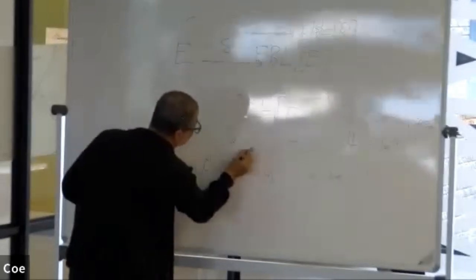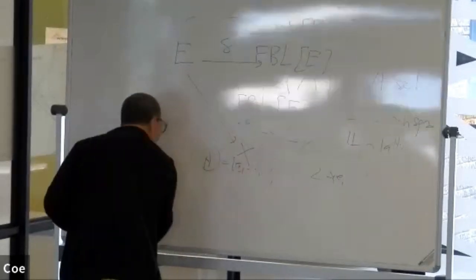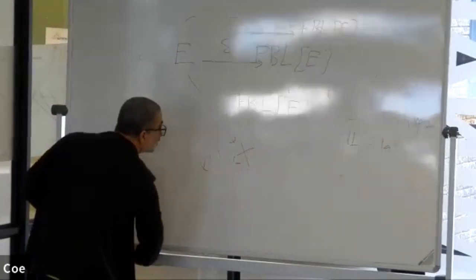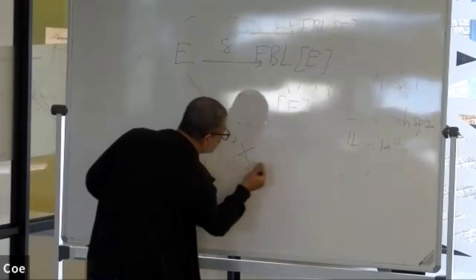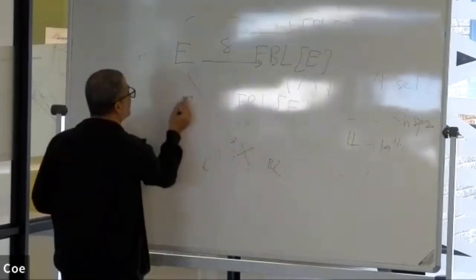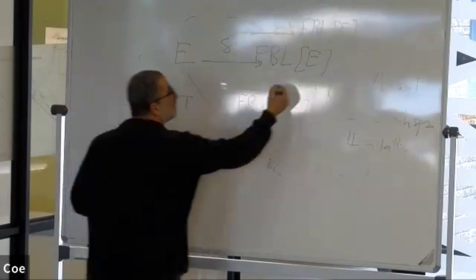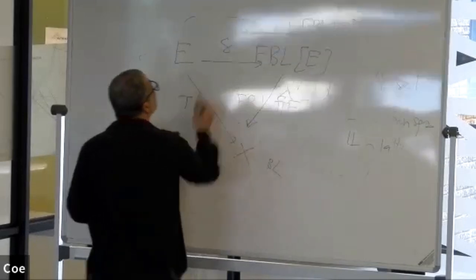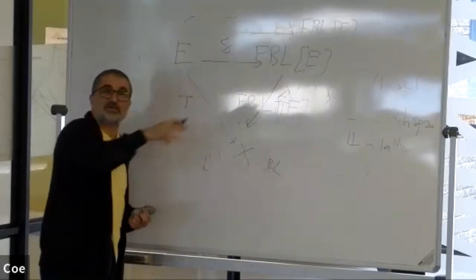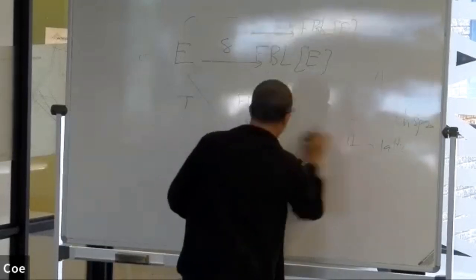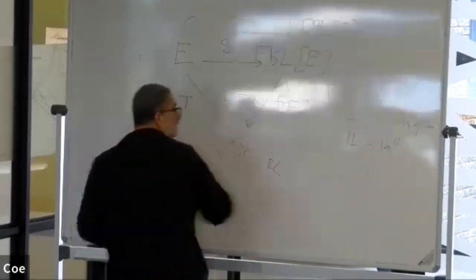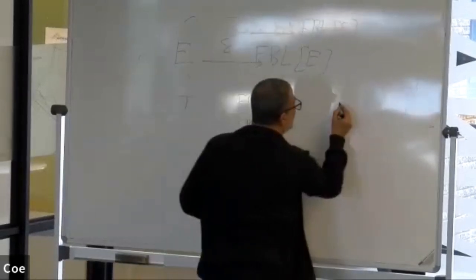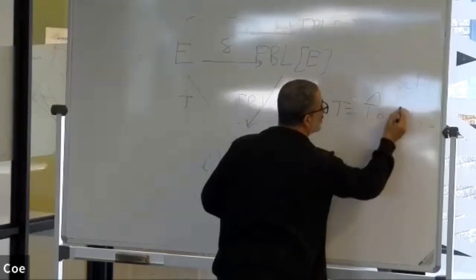If you take any Banach lattice X and any bounded linear map T from E to X, then you can find T hat making the diagram commute, so you have T equal T hat composed with delta.